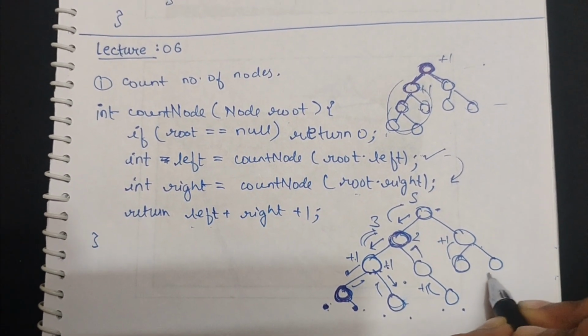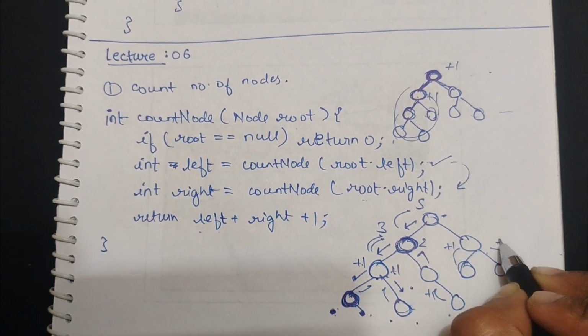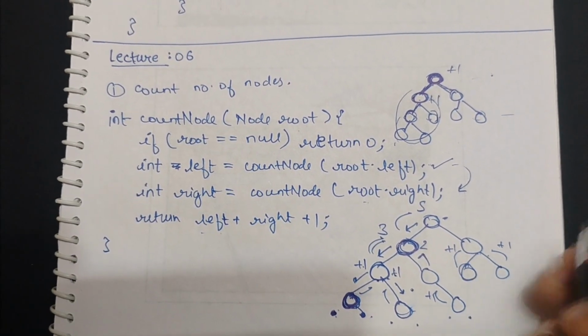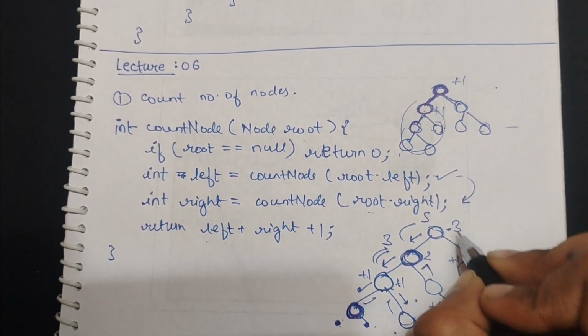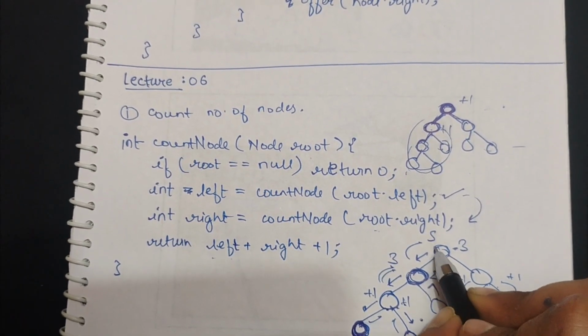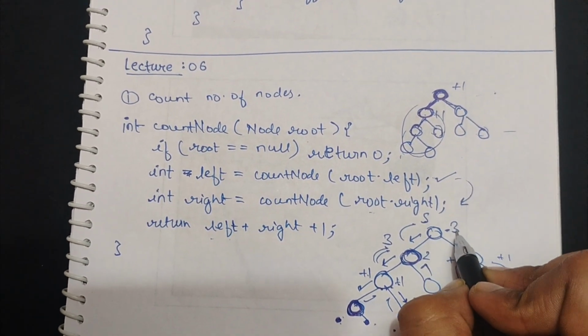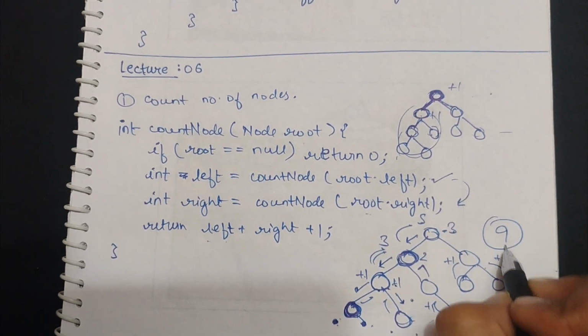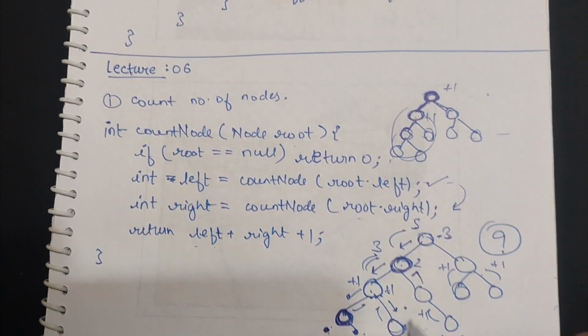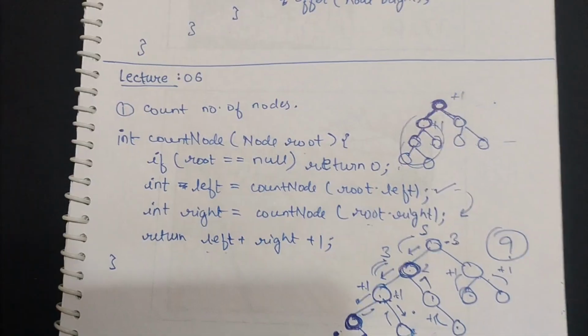It has 0 from left, 0 from right, returns 1. It has 1 from left, 1 from right, returns +1, that is 3. Now it has 5 from left, 3 from right, returns 5 + 3, that is 8, +1, 9. So there are 9 nodes in total. You can check: 1 2 3 4 5 6 7 8 9.